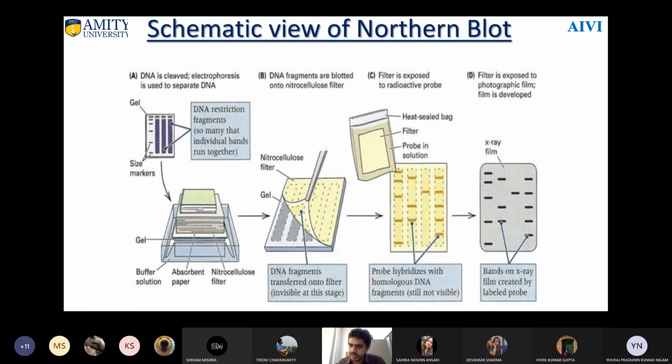Sometimes when you are running RNA, we generally do not run agarose gel electrophoresis because the RNA size is a bit small. If it is a larger RNA, then it's fine. But if the RNA is very small in size, agarose gel electrophoresis doesn't allow separation of your RNA. In that case, we run polyacrylamide gel electrophoresis, PAGE.